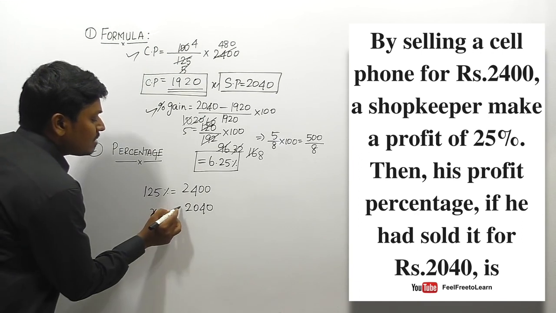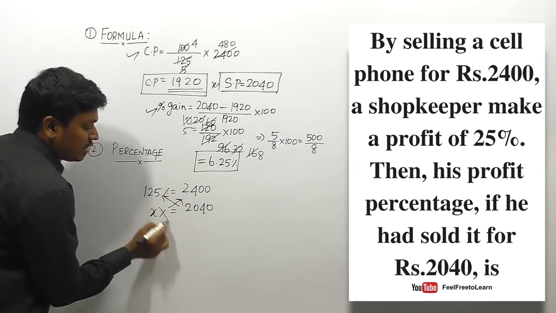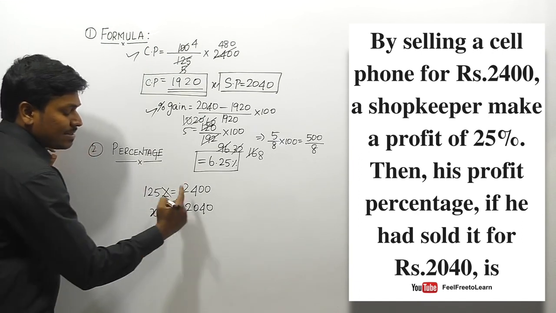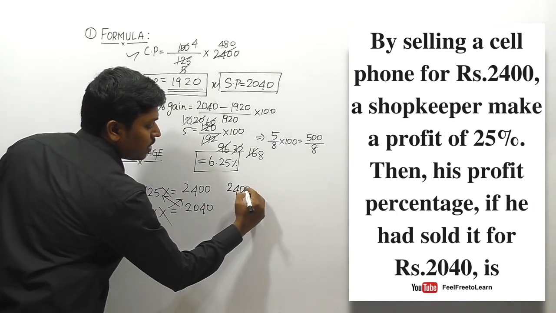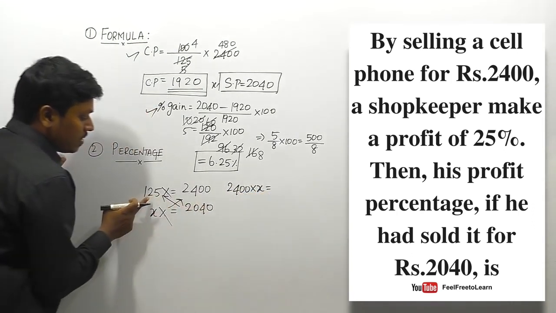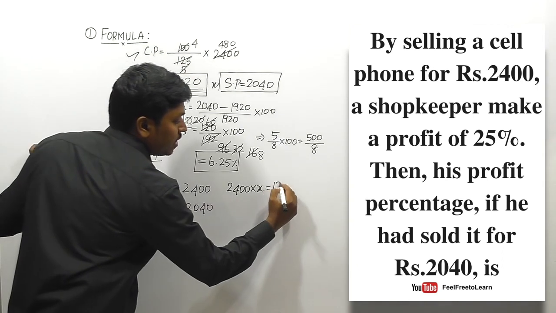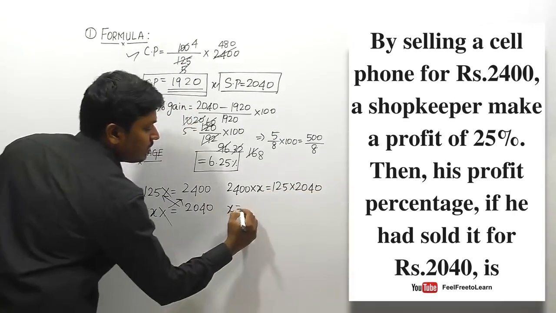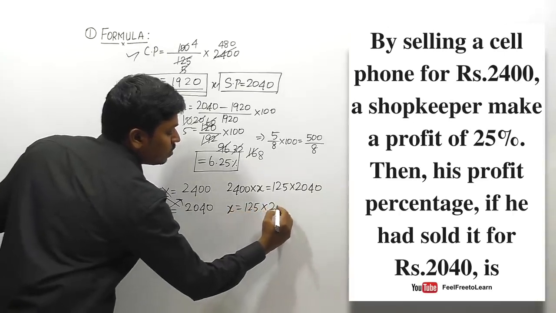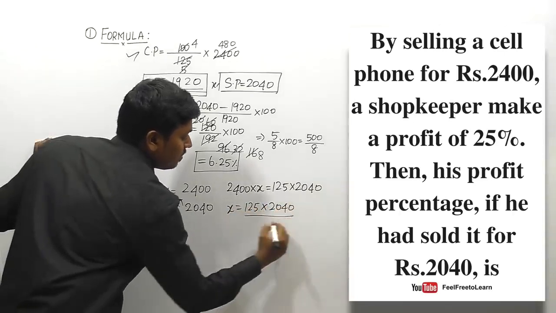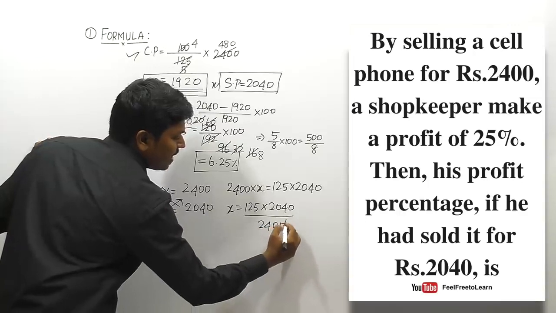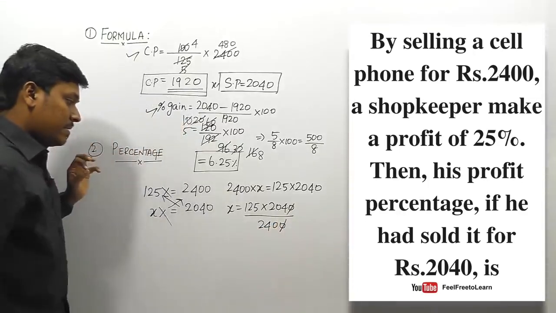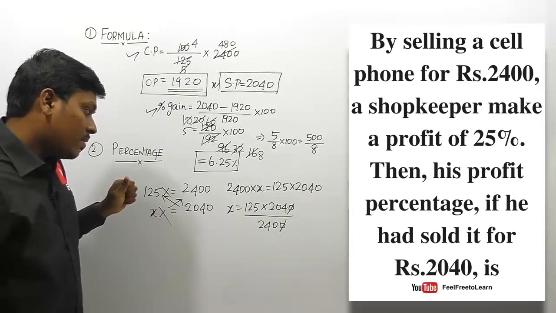Now we need to cross multiply, similar to the previous question. So here percentage gets cancelled. So 2,400 into x is equal to 125 into 2,040. So x is equal to 125 into 2040 divided by 2400. So we can cancel 0 and 0. I think we can cancel this on 5 table.